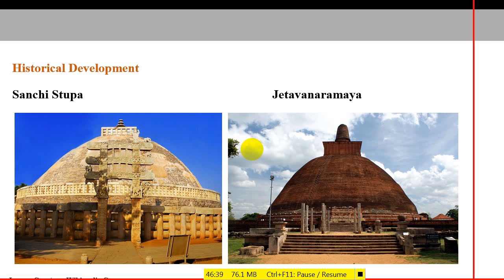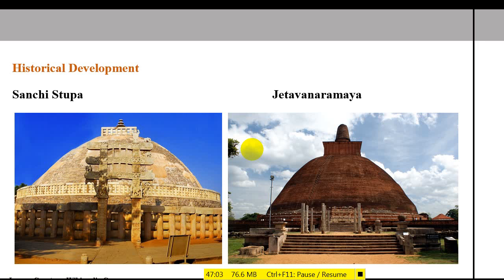But if you build a religious building, since all belong to the same religion, they will not touch the gold. That's why they were building temples.